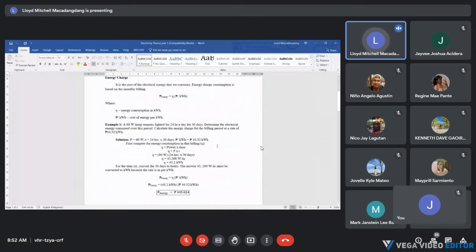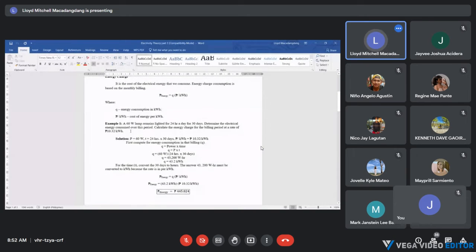So, example right away. Example number 1. A 60 watts lamp remains lighted for 24 hours a day for a 30-day month. To determine the electrical energy consumed over this period, calculate the energy charge for the billing period at a rate of 10.32 pesos per kilowatt hour.